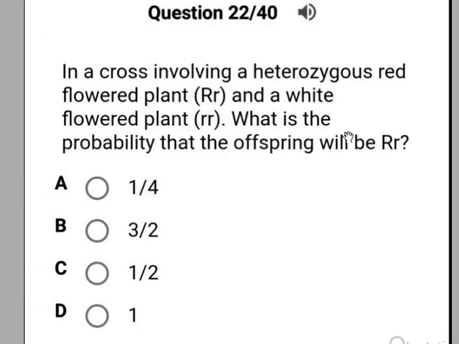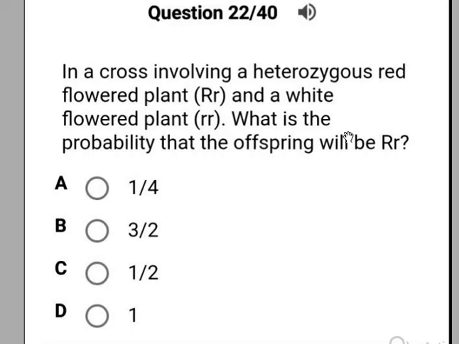Okay, so question 22. Question 22 says, in a cross involving a heterozygous red flower plant, that's capital R small r, and a white flowered plant, small r small r, what is the probability that the offspring will be capital R small r?